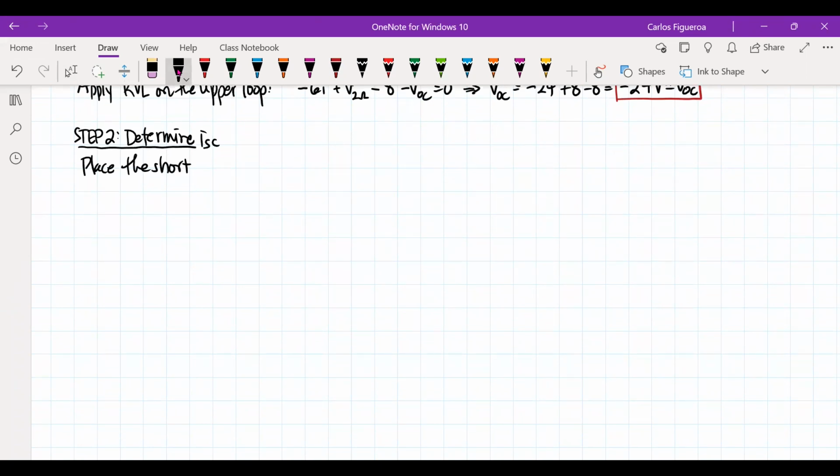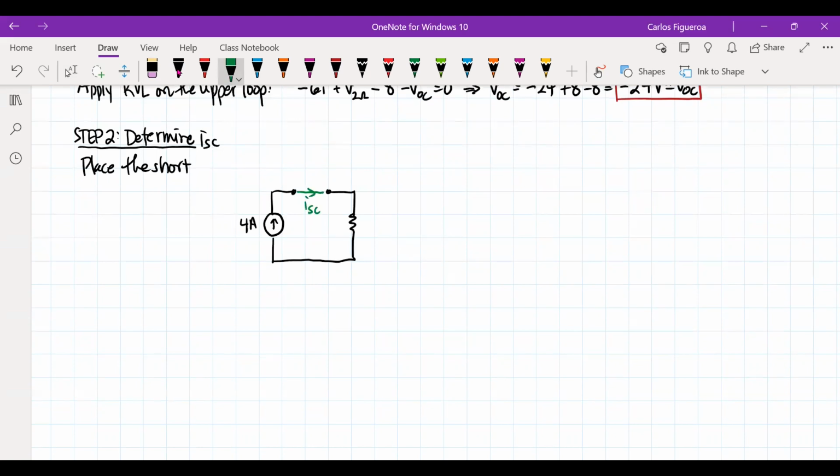And so what do I see here? I see my source, which is a 4 amp. If I now look at my short, look that I now have a short right here.